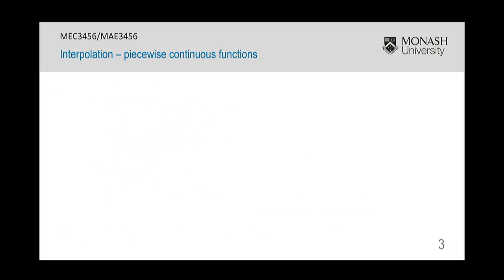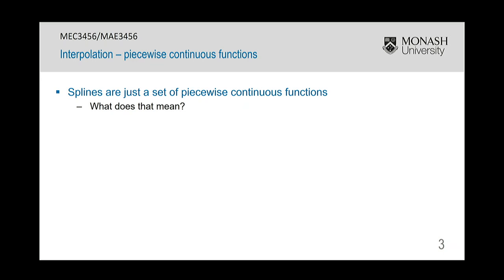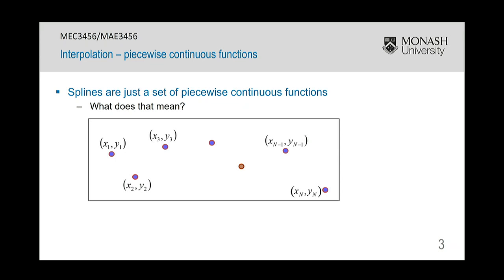So I'm going to introduce this concept of piecewise continuous functions, and in particular, piecewise continuous functions that are known as splines. And so splines are a set of piecewise continuous functions, but exactly what does that mean? Well, let's take a set of data points, x1 through xn, and between the first pair of points, (x1, y1), (x2, y2), we fit a function, f1, which is a function of x.